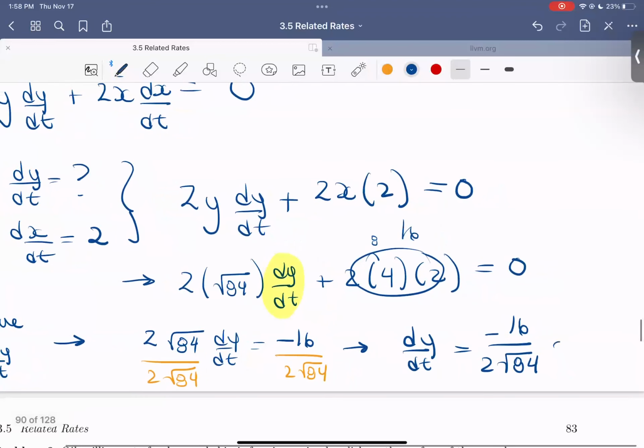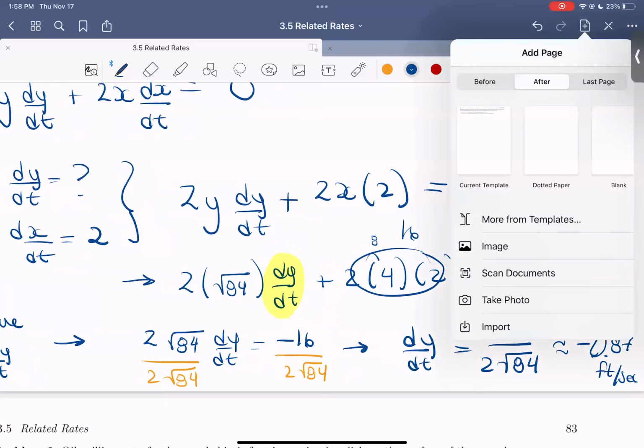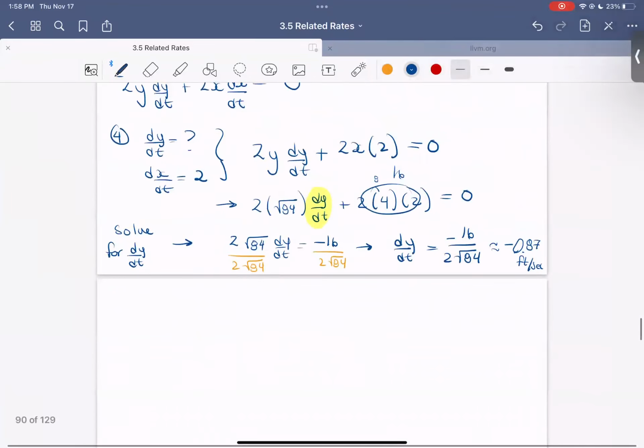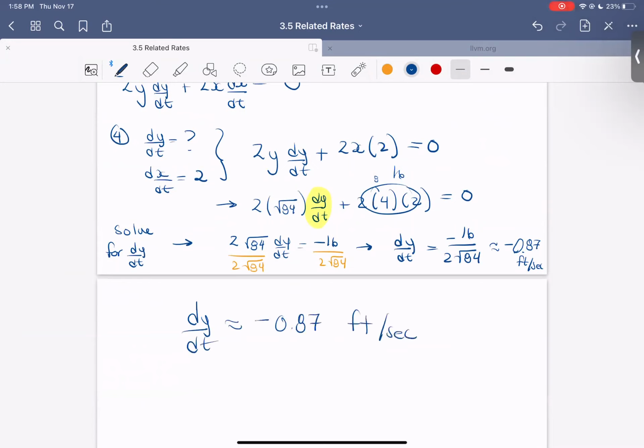We can plug this into our calculator and we get something like negative 0.87. And that's feet per second. It's really important to use your units. Let's add another page here just so we give ourselves more room. All right, so we can summarize: dy/dt is about negative 0.87 feet per second when x is equal to 4 feet.